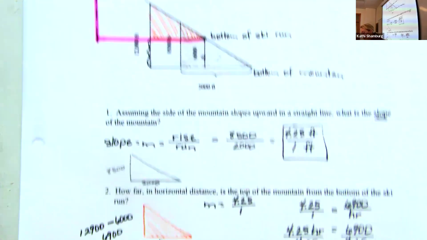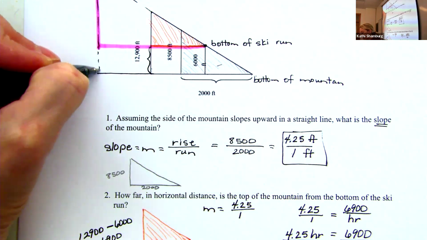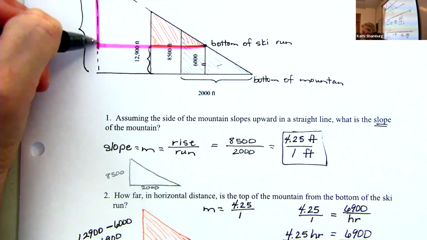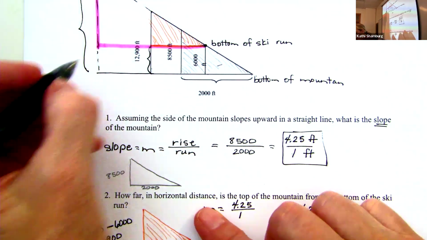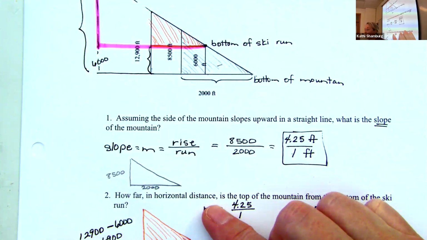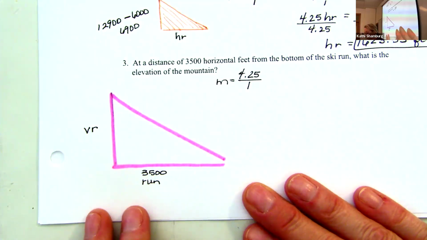Now, ultimately, it wants to know this full side because it wants to know the elevation, but I'm going to have to find this distance first because we already know this distance is 6,000, and I'll just add the two. So I need to find this vertical rise.